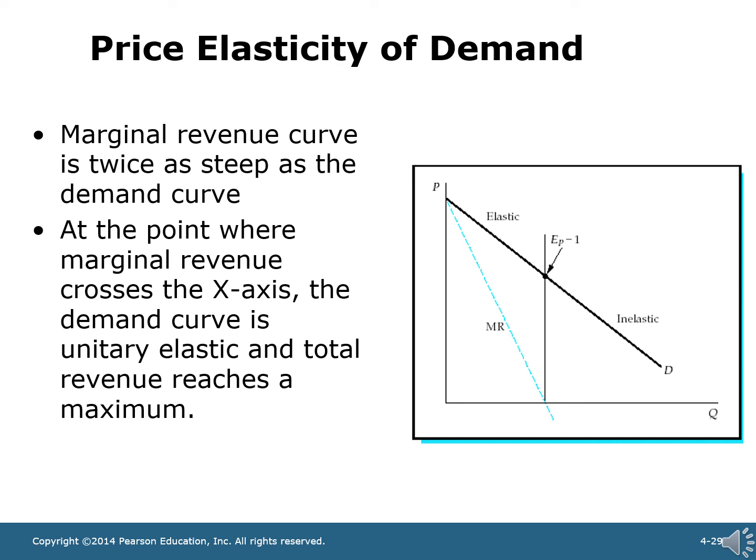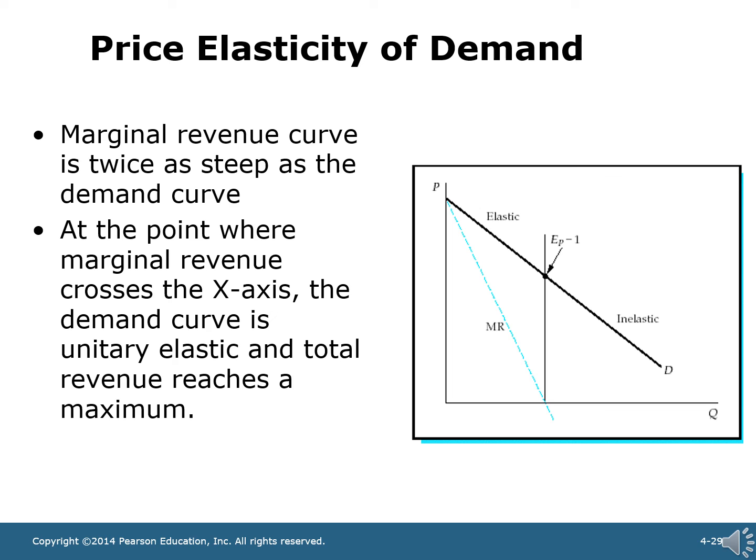Past that, where the price elasticity of demand is inelastic, the marginal revenue is negative, so it goes below the 0 on the axis. And if we included it further, it would go down and down even farther.